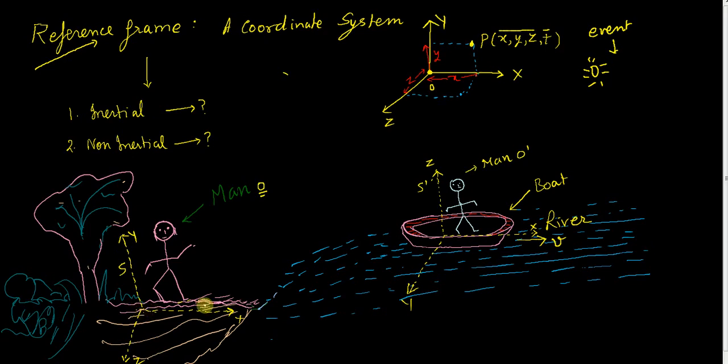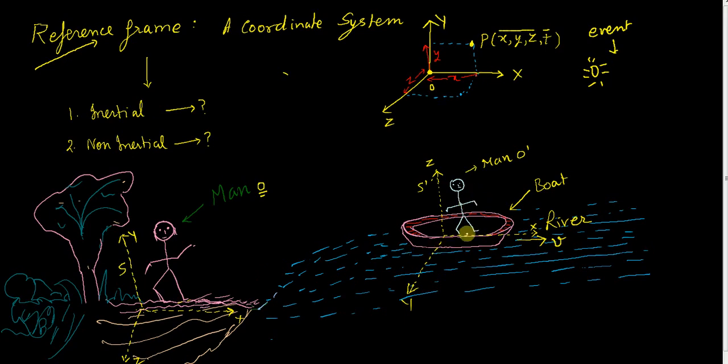We have represented that with a coordinate system, and there is a man O prime, who is on a boat, and the boat is in a river, moving in this direction with velocity v. So a coordinate system is associated with it, that is the boat. Here I have made a reference frame S prime, this boat, and this is the observer.